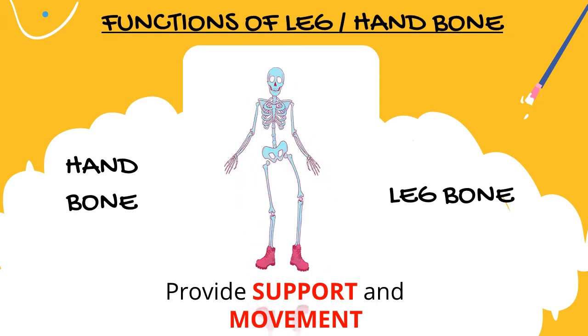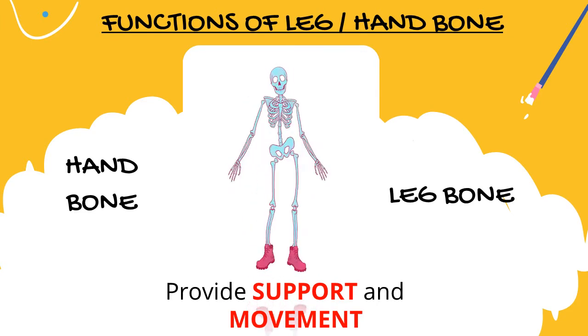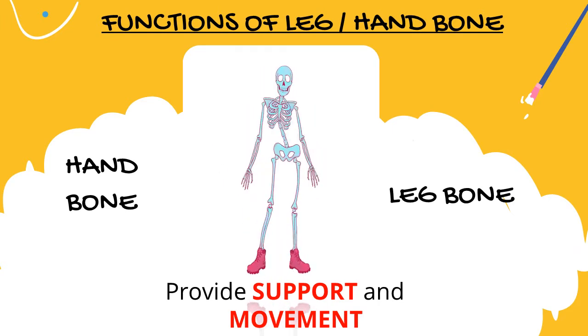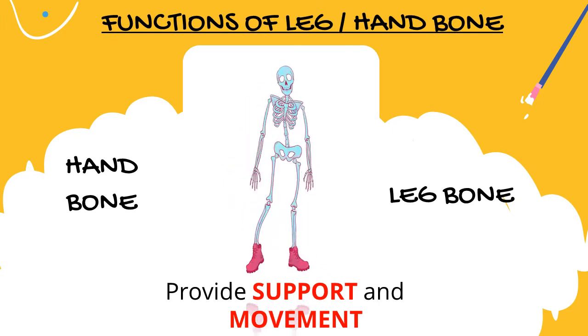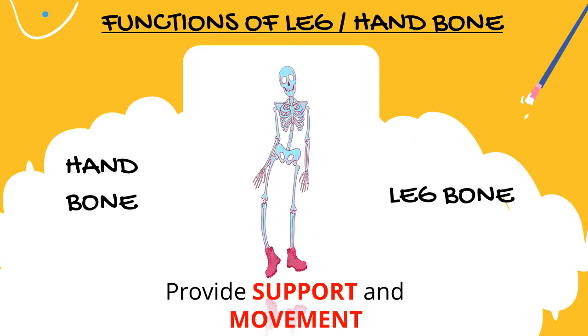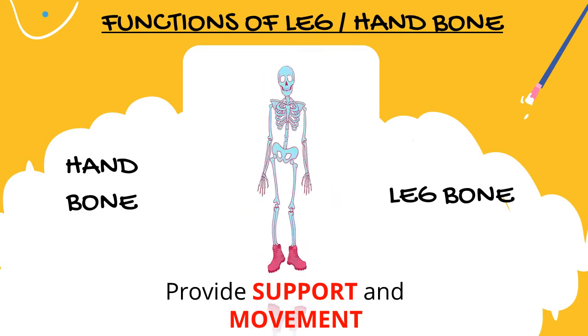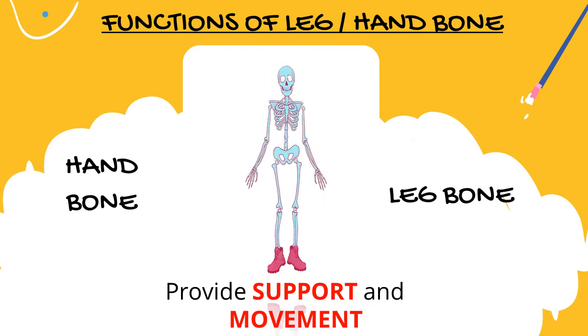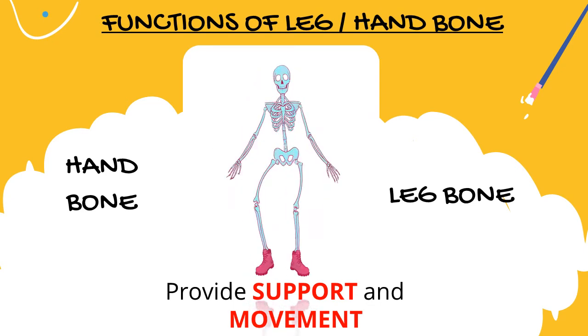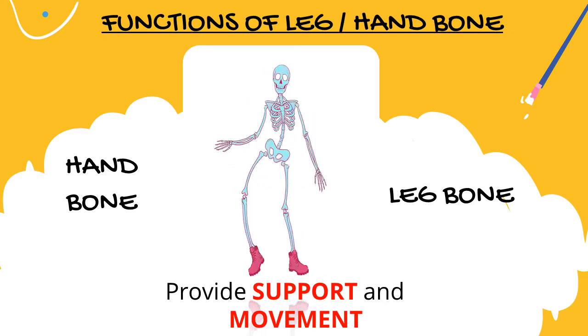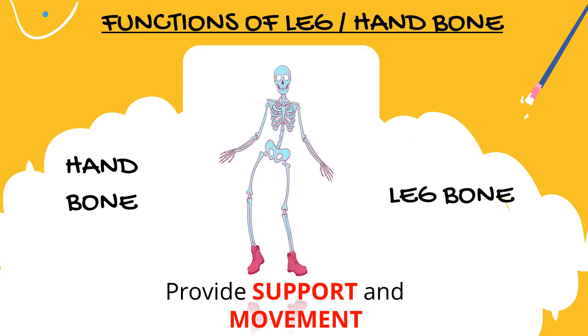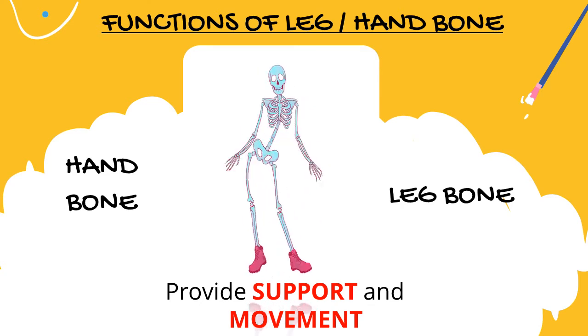The next one, I combine the functions of the leg and also the hand bone. Both these skeletal systems are to provide support and movement. Hand and leg bones provide support and movement to humans.